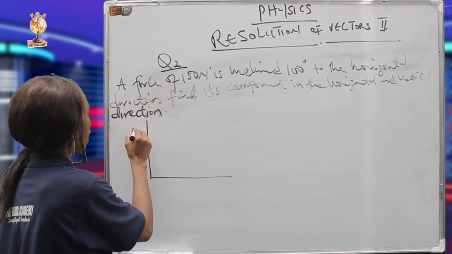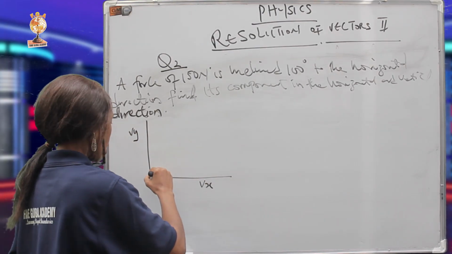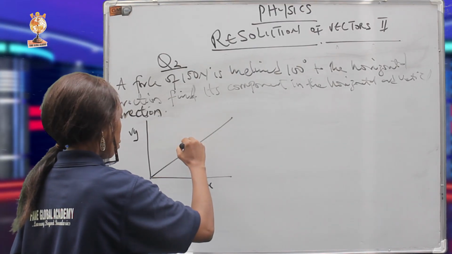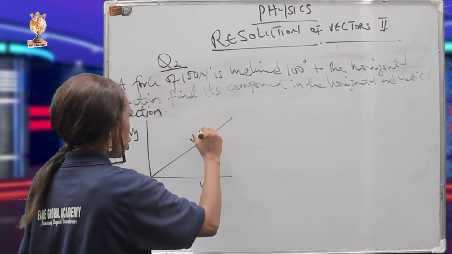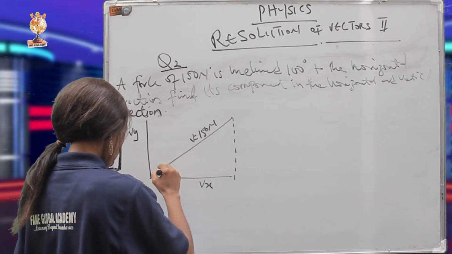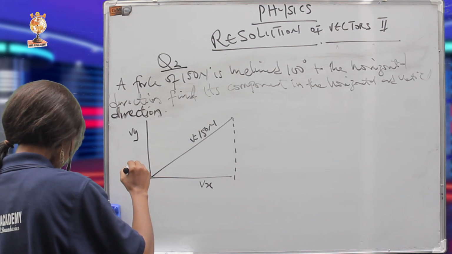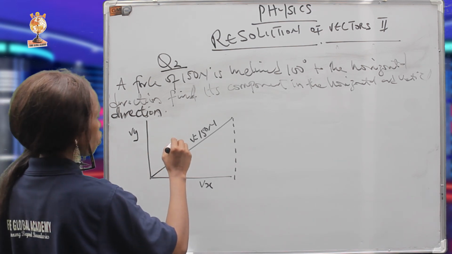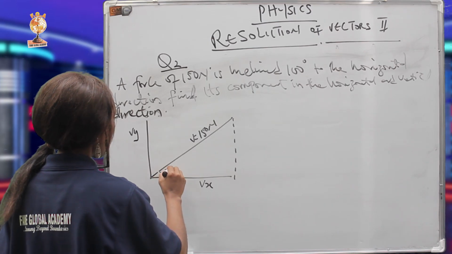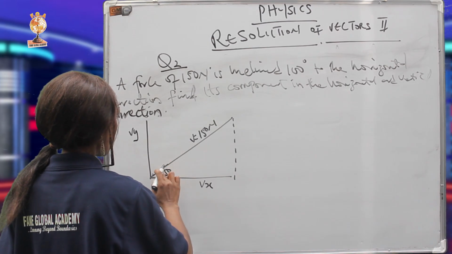This is Vy and this is Vx, and then the V here becomes 150 Newton at 100 degrees to the horizontal. So it's making 50 here, 50 the other way around.